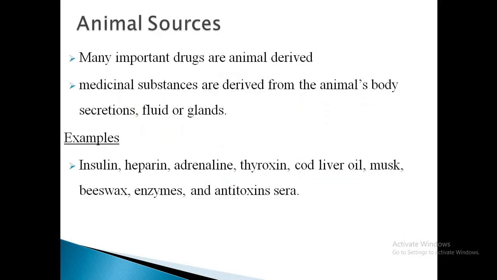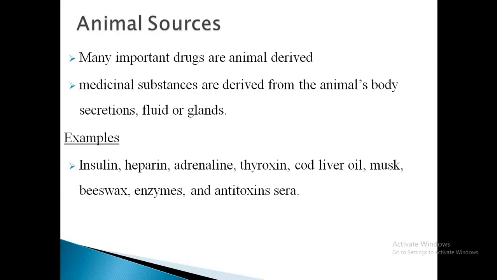Now we are going to see various animal sources used for the preparation of drugs. Many important drugs are animal derived. Medicinal substances are derived from the animal's body secretions, fluid or glands. Therapeutically effective chemical substances are present in the secretions or fluid or secretions of the glands of the animals.